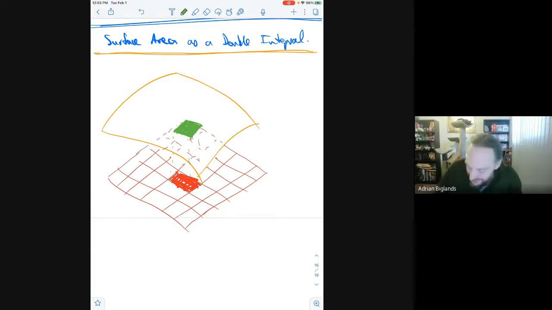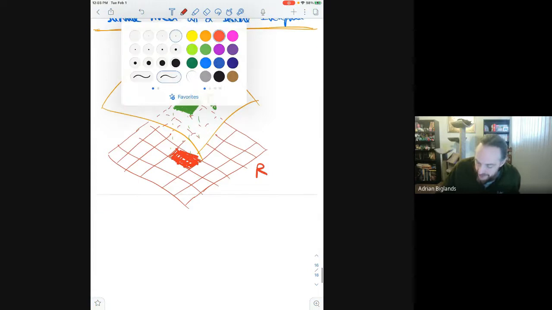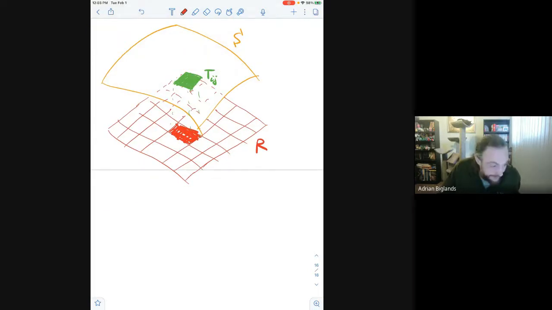We find a tangent plane Tij, and the area of that parallelogram in the tangent plane is going to be roughly approximately equal to the small area in the surface, because this is our surface S. And then we have this region R, and then we're going to have this small delta A.